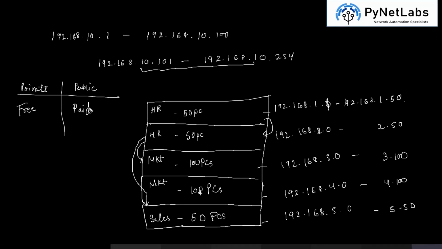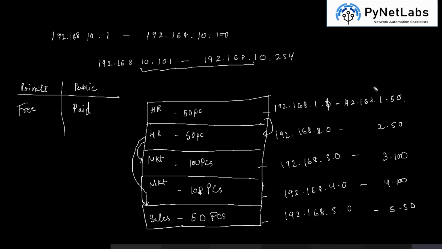So it was the same. You have to apply for an IP address, and they assign it to you, and you have to pay a monthly or annual rent for using that IP address. So these are the paid ones. This is the reason why we do subnetting, and we have to make sure that no IP address is getting wasted, or we can say the least number of IP addresses are remaining in the range.